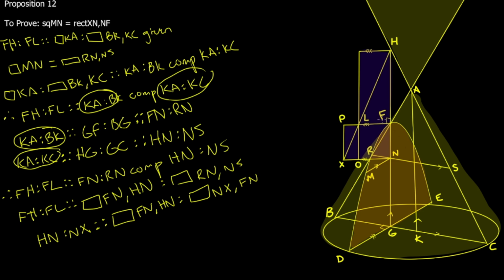And if you look at FH and FL, they're a smaller triangle with this larger triangle, HXN. So as FH is to FL, HN is to NX.